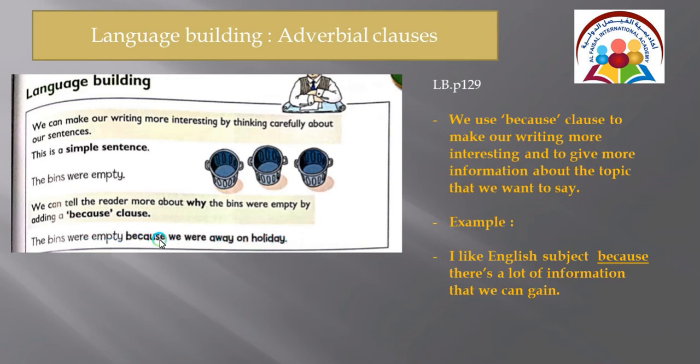So when we add the complement of the sentence, it gives more information about this simple sentence. We use a because clause to make our writing more interesting and to give more information about the topic that we want to say. Example, I like English subject because there is a lot of information that we can gain.